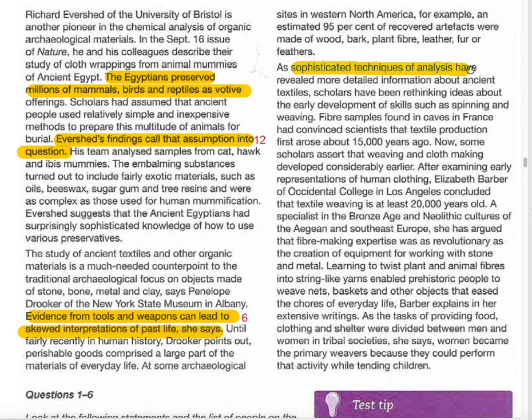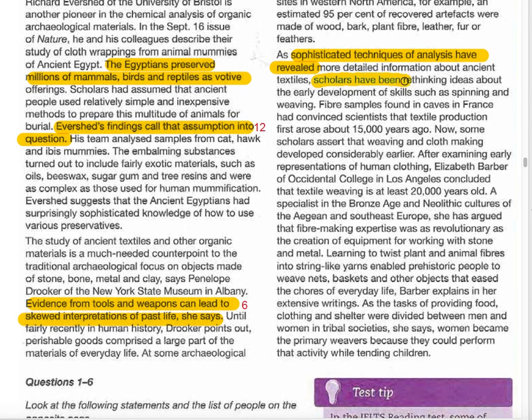So new information has revealed. Scholars have been rethinking the development of spinning and weaving. So new sophisticated techniques have shown more detailed information, and scholars or researchers have been rethinking.